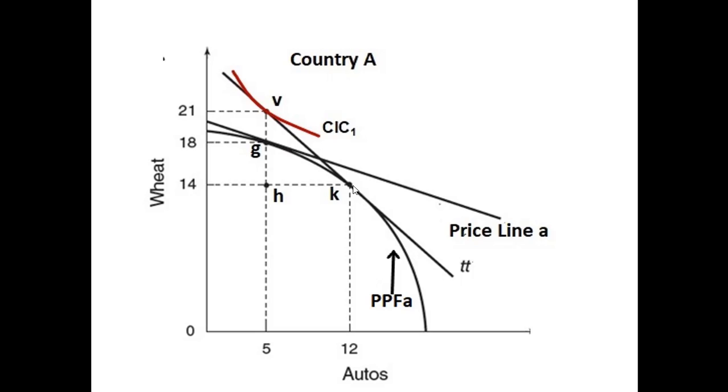Seeing it visually demonstrates that gains from trade are represented by the point of consumption being above the production possibility frontier. The country could never produce this combination, but by producing the good in which they have a comparative advantage, they can do it.